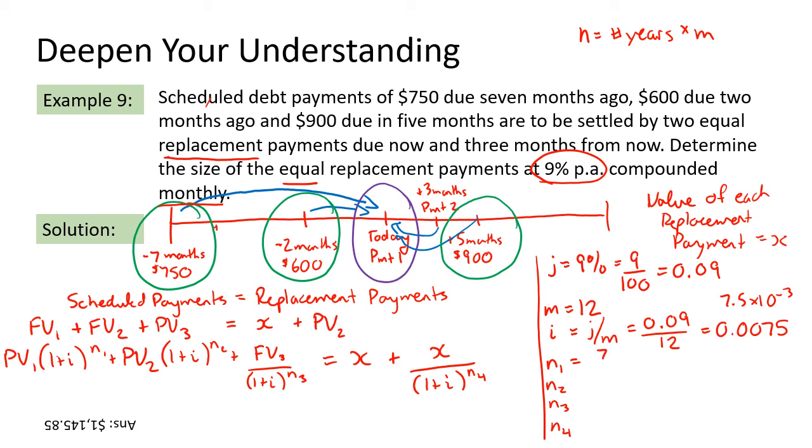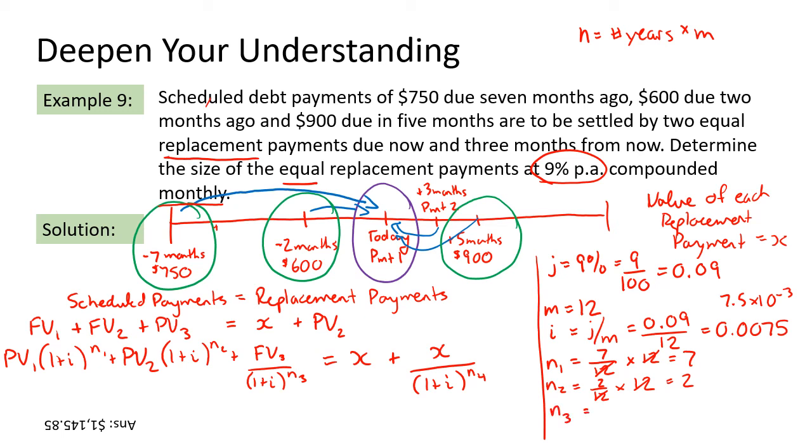So that means it's 7, and we have to convert it to years. So it's 7 divided by 12, 12 months in a year, multiplied by the number of compounding periods per year, which is 12. Again, you'll see this for all of these, that the 12s will cancel. And so N1 is 7. For number 2, okay, it's 2 months from today. So it's 2 divided by 12, multiplied by the number of compounding periods per year, 12. Again, the 12s cancel, and we get an N of 2.